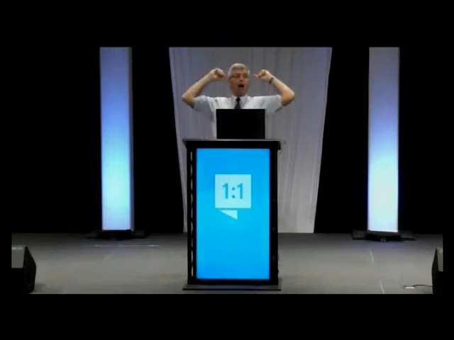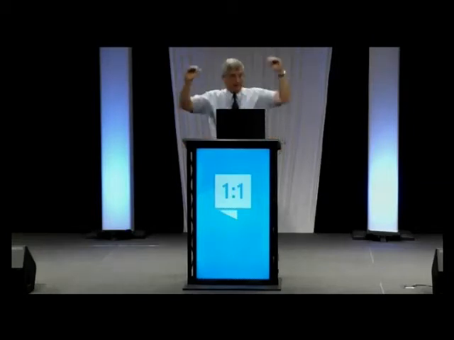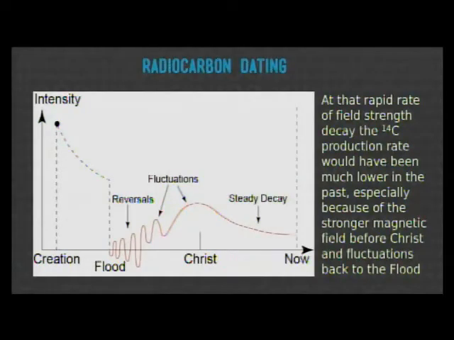So if you calculate your radiocarbon date based on today's carbon-14 production rate, you're going to overestimate the radiocarbon age, because in the past there was less radiocarbon. And so you'd have a lower production of carbon-14 in the past because of a stronger magnetic field.